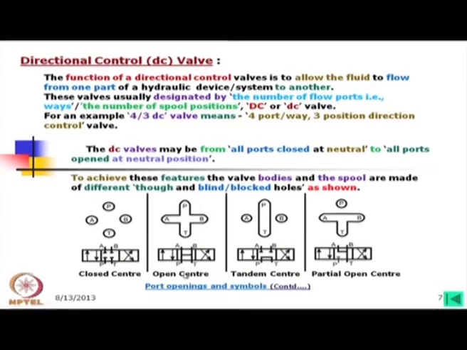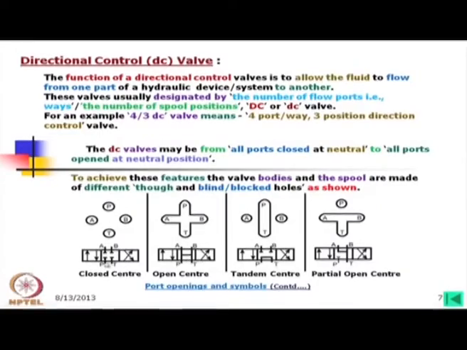In case of open center, if we keep it at neutral position, then all are connected, meaning the load will come down, the actuator will go back to its least resistive position. Now, if I compare these two valves, closed center has a faster response while actuating for operating the load in comparison to open center.